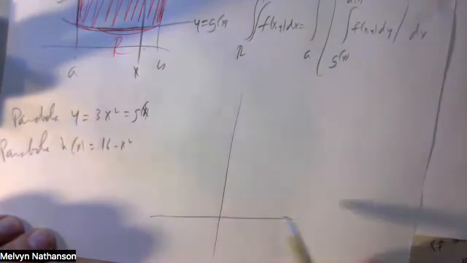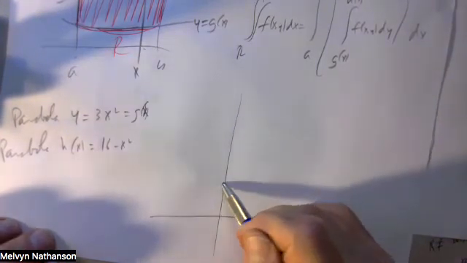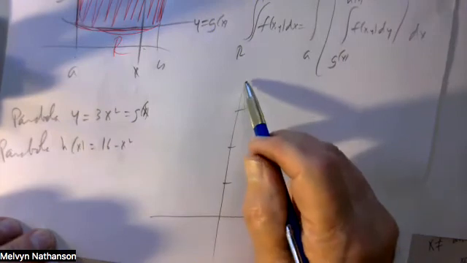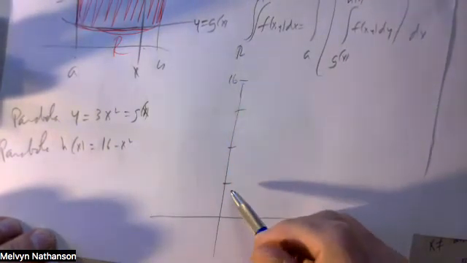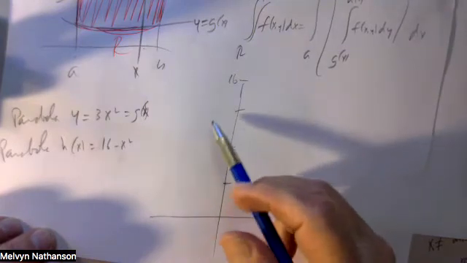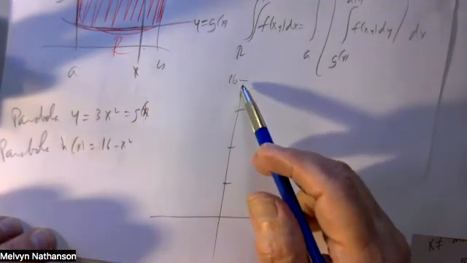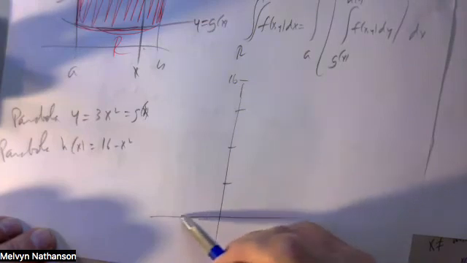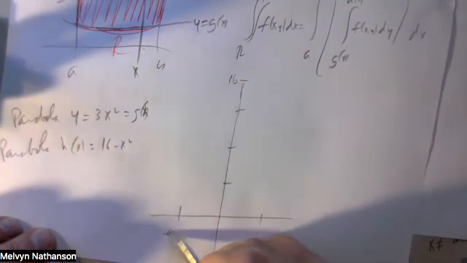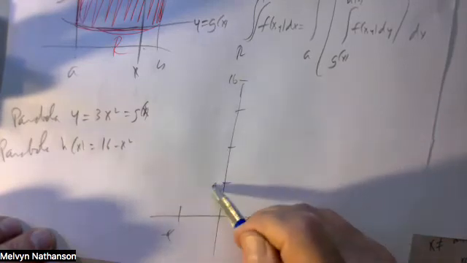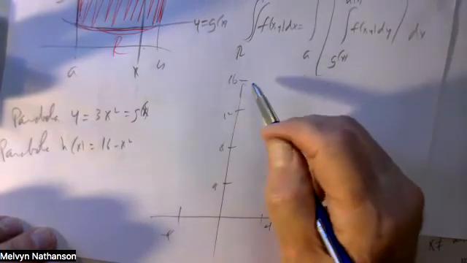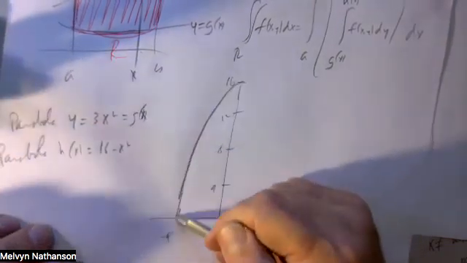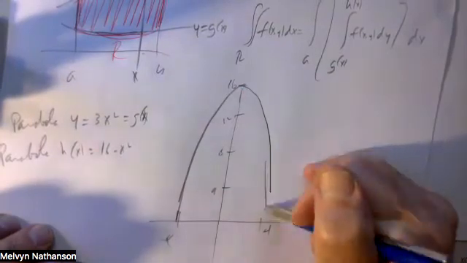What does this look like? 16 minus x squared, that parabola looks like this. This is the vertex. It's opening down. Looks like that.